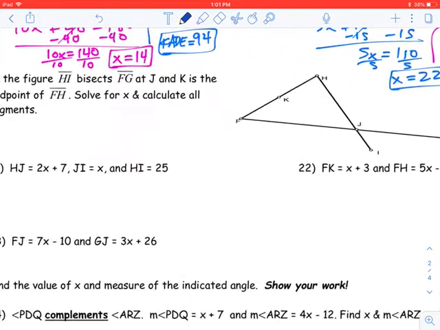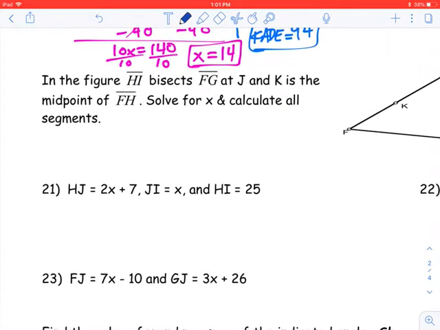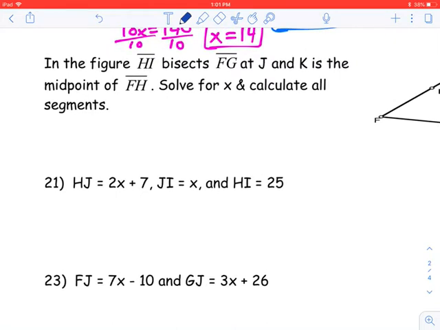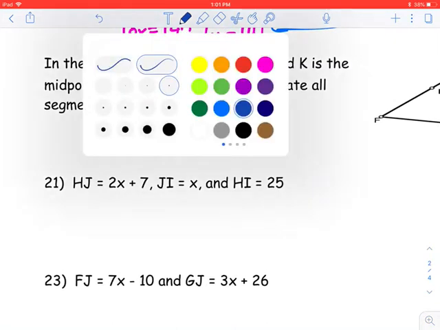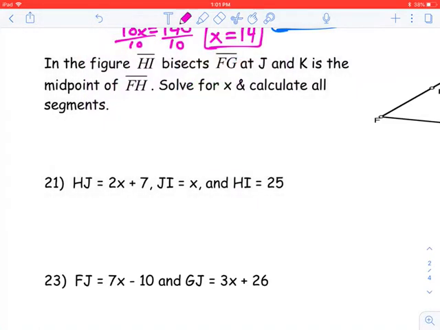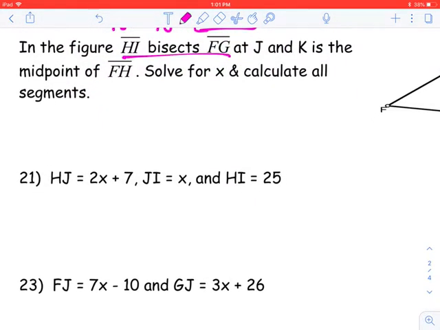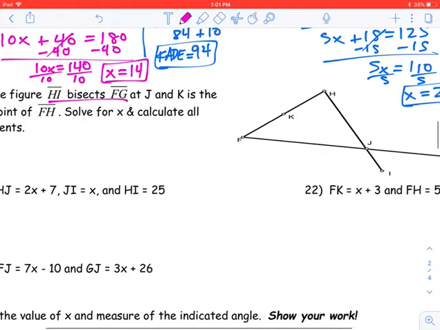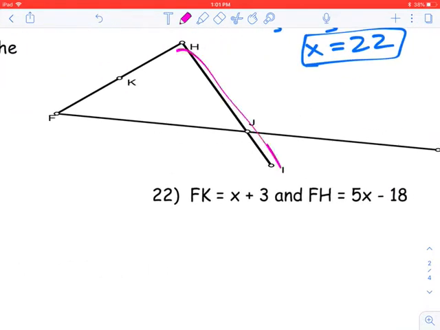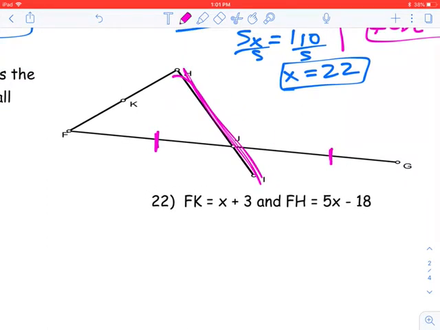So in this case, I'm kind of doing the same thing, but we're talking about segments. So I really want to make sure I'm labeling my picture first thing. Okay, so it says HI bisects FG. What that means is HI cuts that in half. So this and this are congruent.